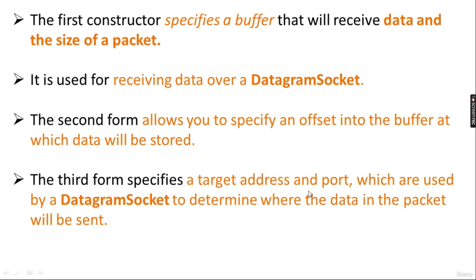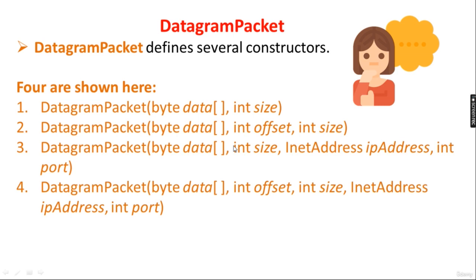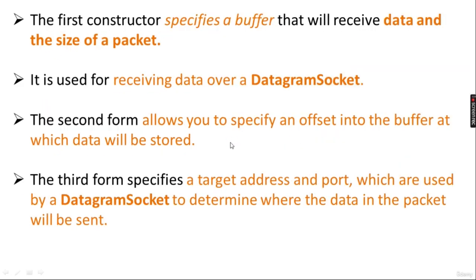Third, we specify the target address and port, which are used by the datagram socket to determine where the data will be sent. That is, to which address and which port this byte data array will be sent.